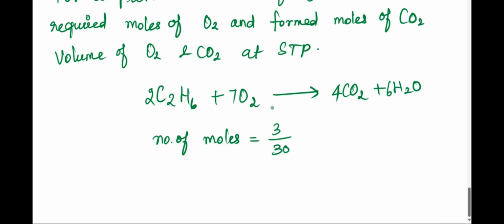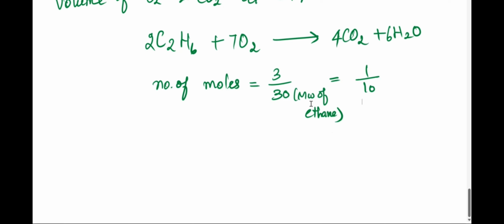What is 30 here? The molecular weight of ethane, which will become 1 by 10. It's 0.1 mole, isn't it? So required moles of O2. The number of moles of ethane taken is 0.1 mole.